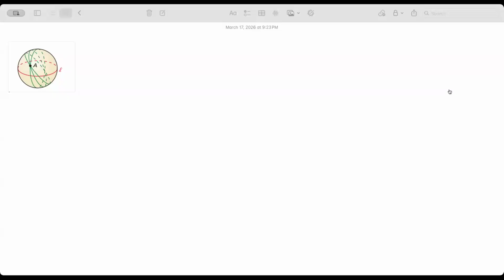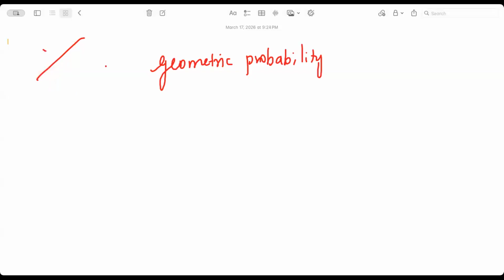Here in geometry we start learning with geometric probability. Geometric probability is pretty easy provided you really understand what needs to be done.